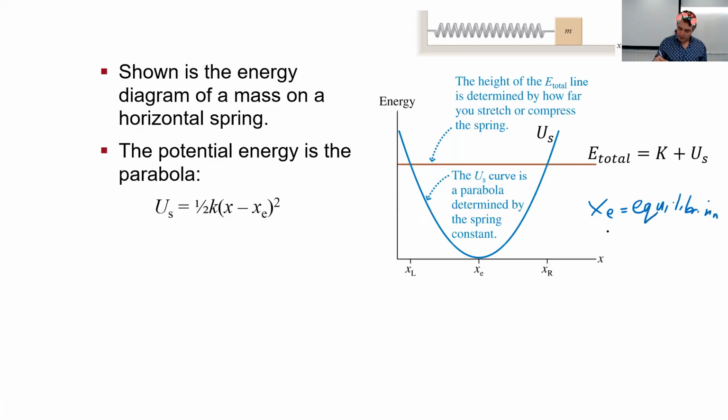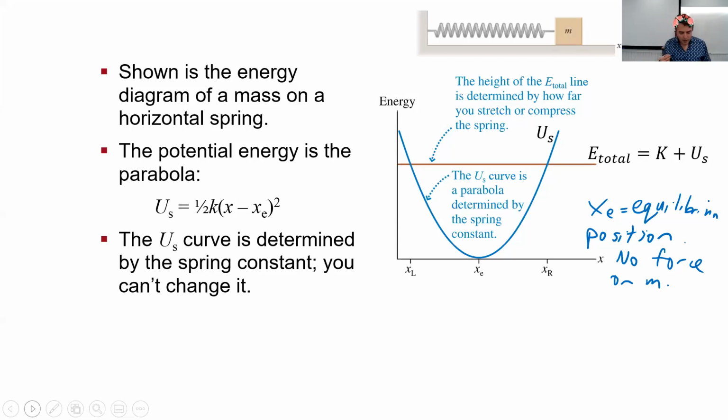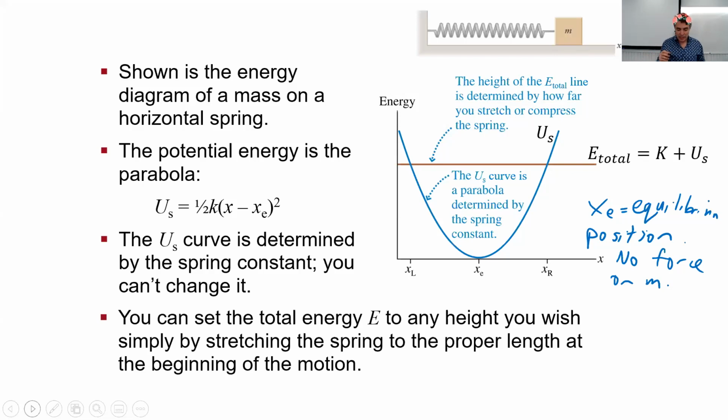It's the position where there's no force on the ball, no force on M at that position. That's why we call it equilibrium. The U sub s curve is determined by the spring constant. You can't change it. What you can change is the total energy of the system. So you can start it by compressing it and releasing it from rest, or you could start it with some kinetic energy.